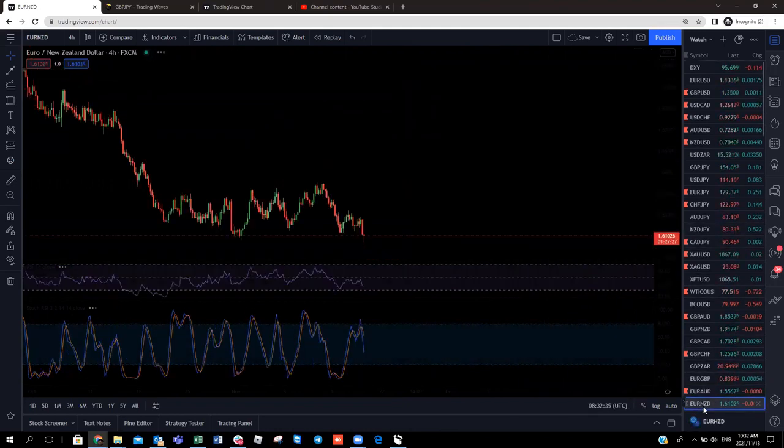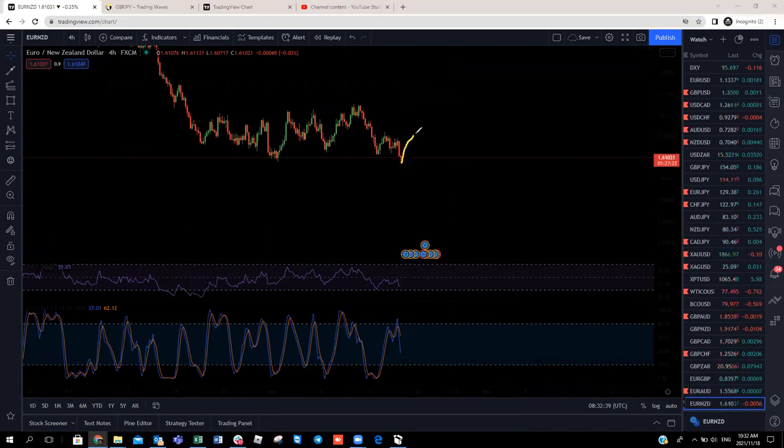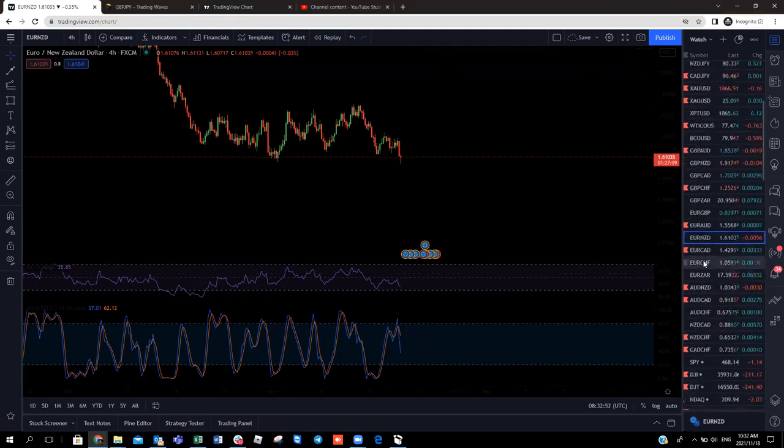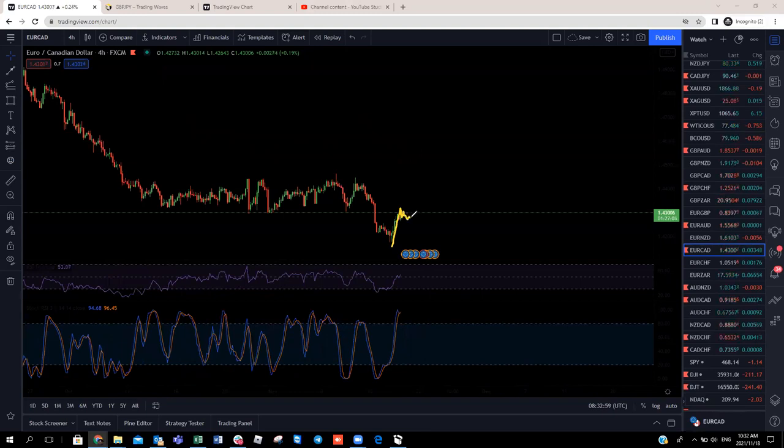Euro New Zealand. This one will continue lower, whether we make a bounce or not. A bounce will mean we are making the structure. If we don't make that structure, we are going to just continue to the downside. Euro CAD, expect a three-wave pullback.